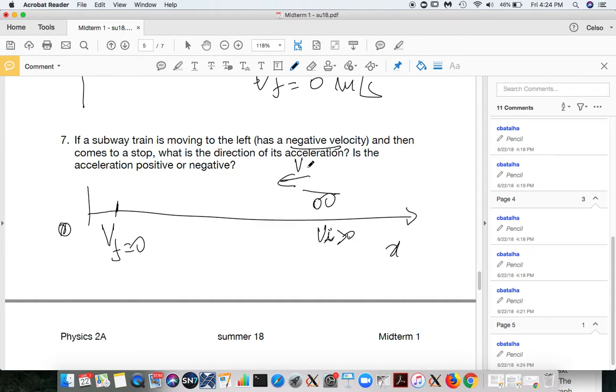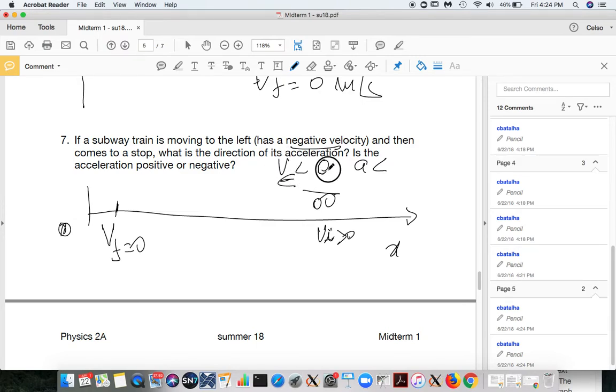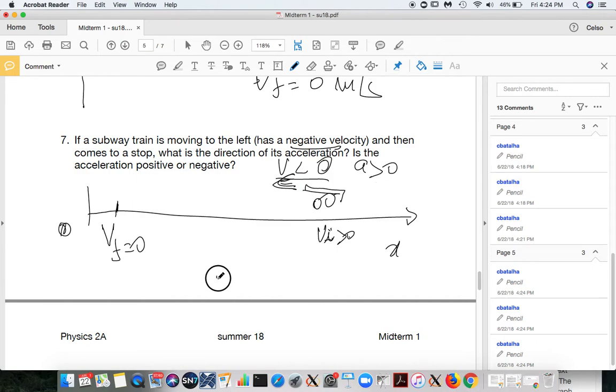Necessarily the sign of the acceleration must oppose that of the velocity. I'm sorry, the velocity is negative because the subway is moving towards the origin, so the acceleration necessarily must be positive. So acceleration is to the right.